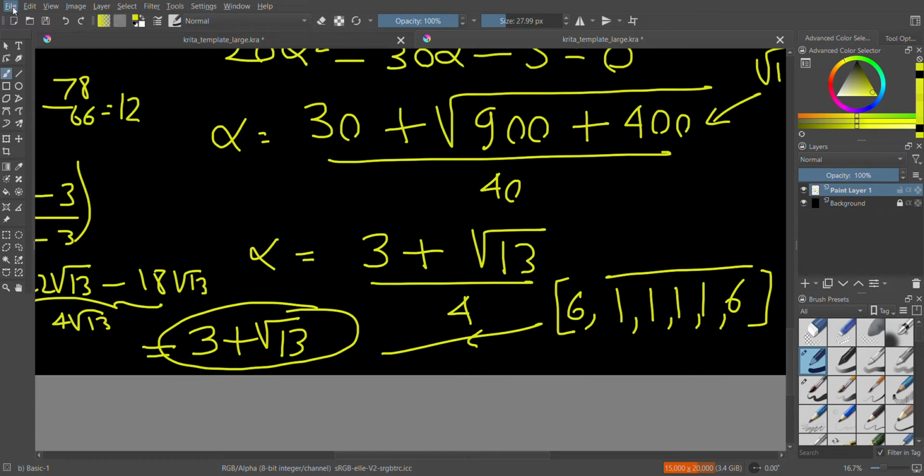Okay, so I'm going to save this. Fraction, square root of 13. I'm going to call this number 2. And then we're going to do the third part, which is we're going to calculate it a completely different way.